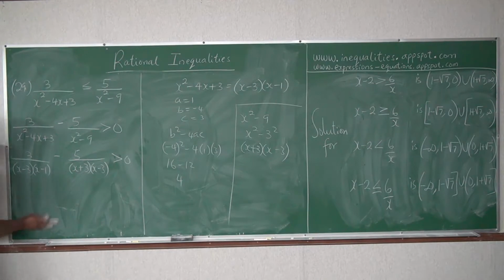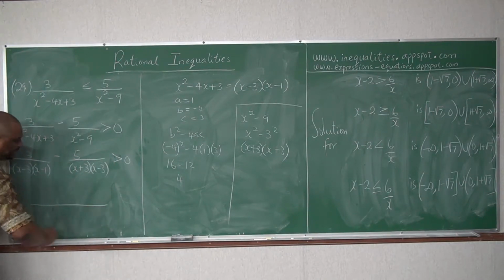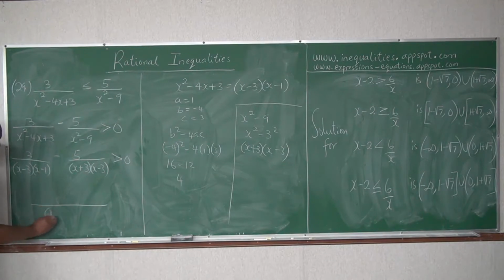Now we can get the LCD. LCD is x plus 3, x minus 3, x minus 1. That is the LCD. Okay?